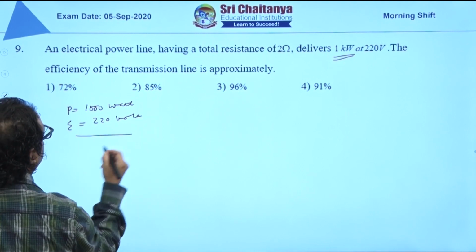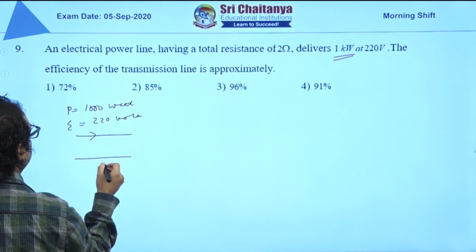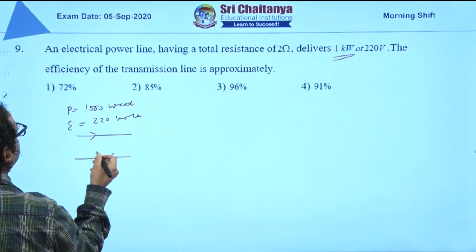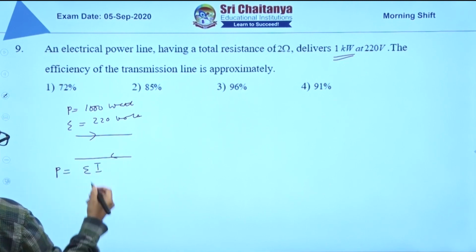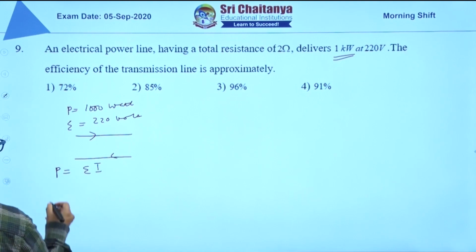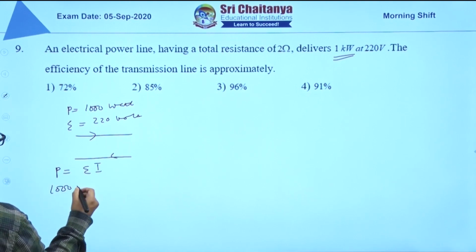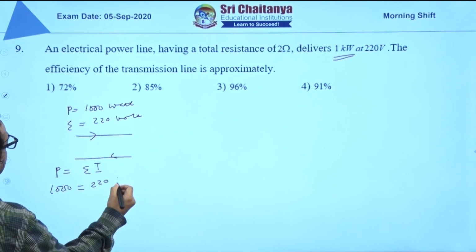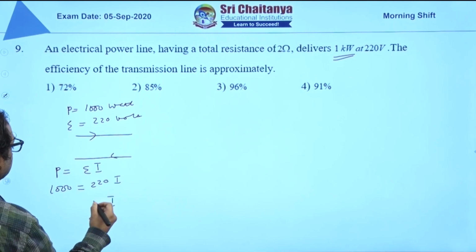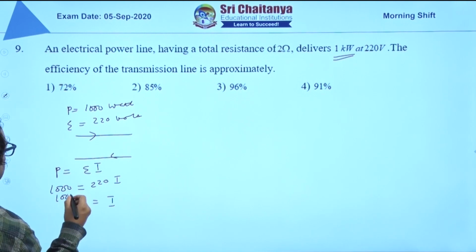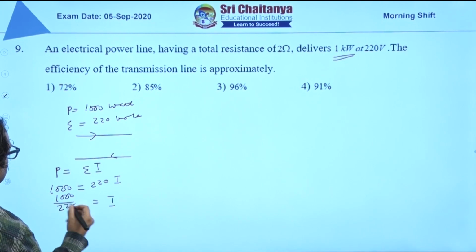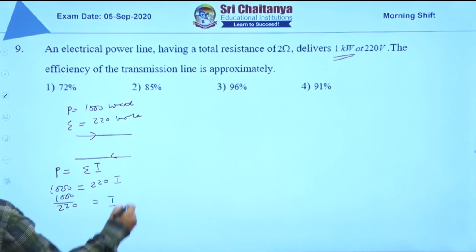Then in this transmission line, what will be the current? Power is E into I, so 1000 equals 220 into I. So the I value we are getting is 1000 by 220.